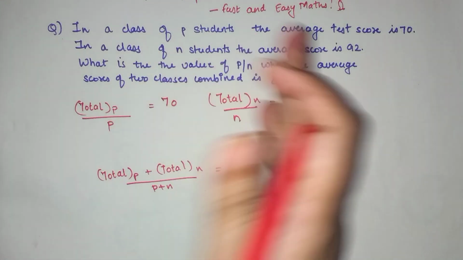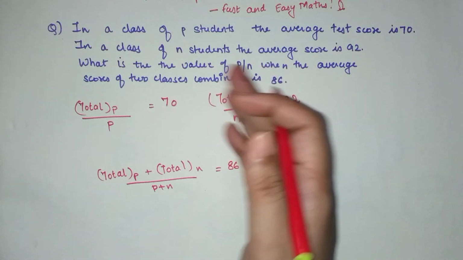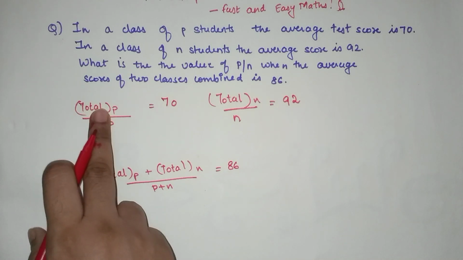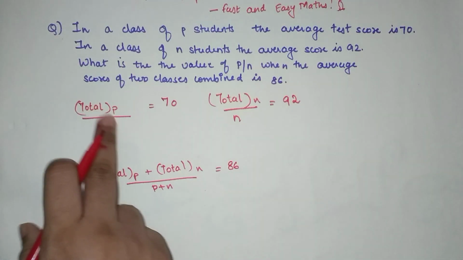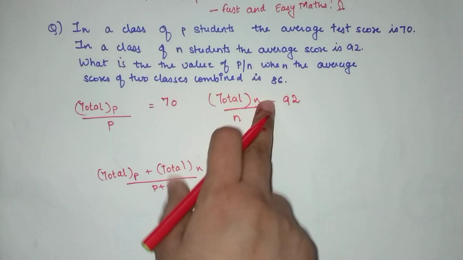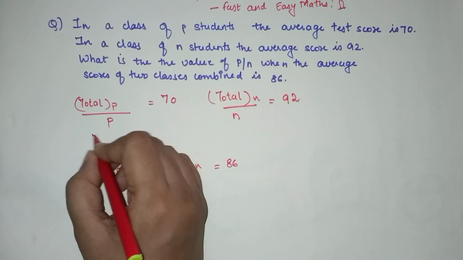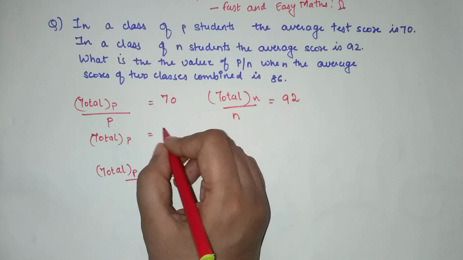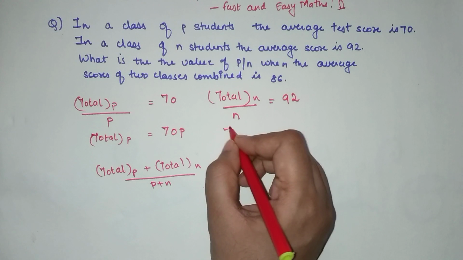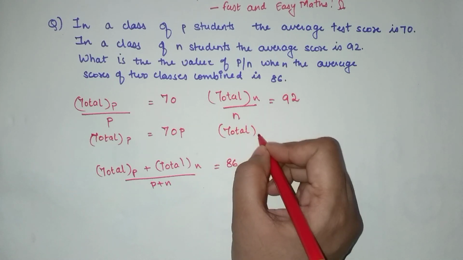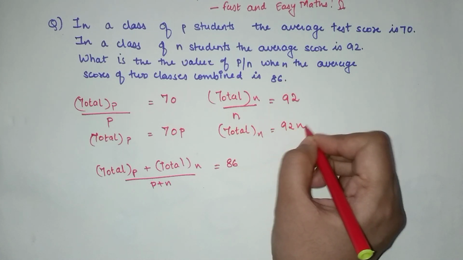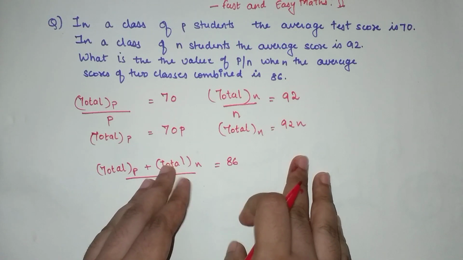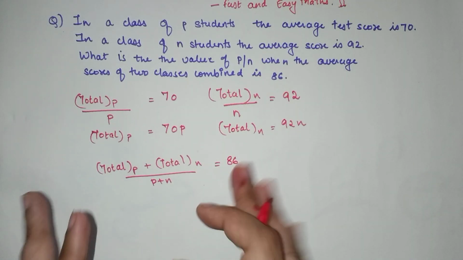We just need to find the ratio of their values, that is P upon N. So I can very well find the value of total of P in terms of P, similarly total of N in terms of N. I can write total of P is equal to 70 into P, and total of N is equal to 92 into N. So after coming to this point, it is very easy to solve this question further.